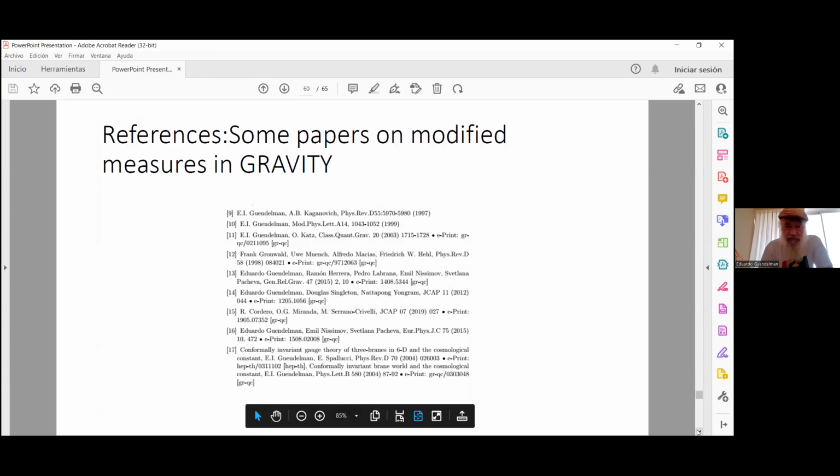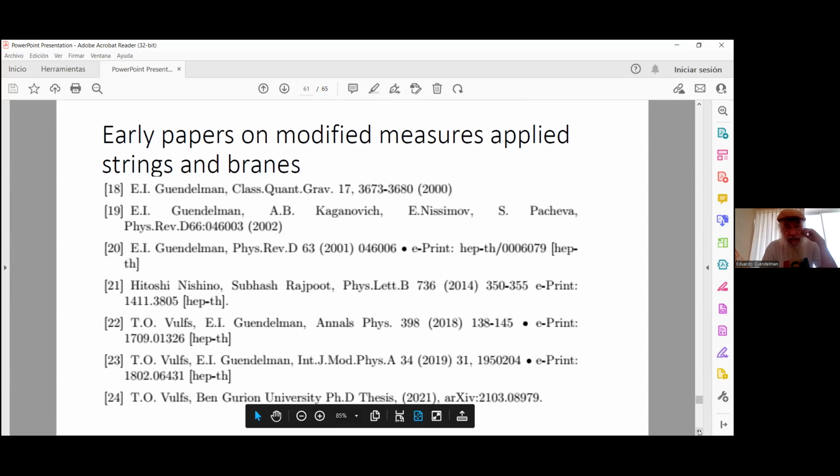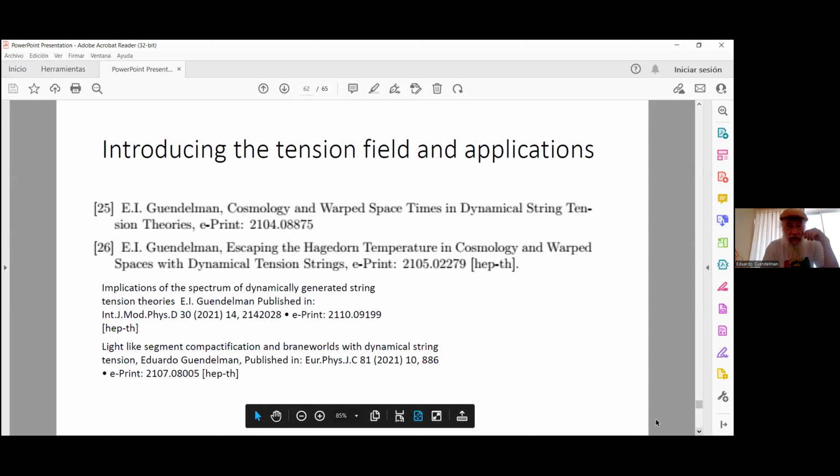Okay, some references, right? You can see these are some references that relate to the application of measures in gravity. Then we started working on modified measures applied to strings, right, and branes. And then introducing these tension fields, we have an essay that won an honorable prize.